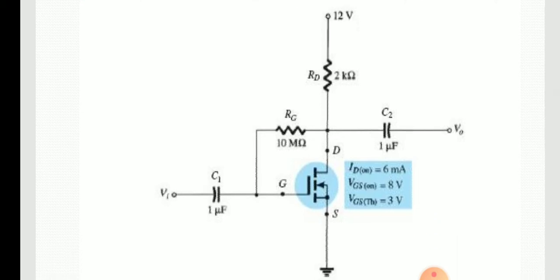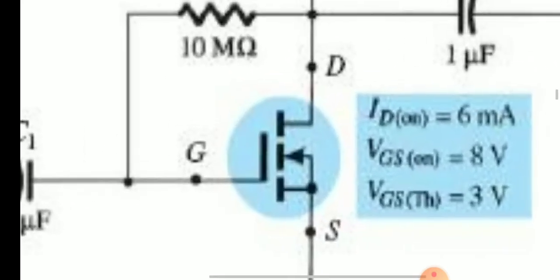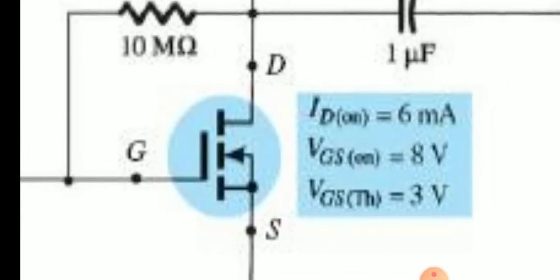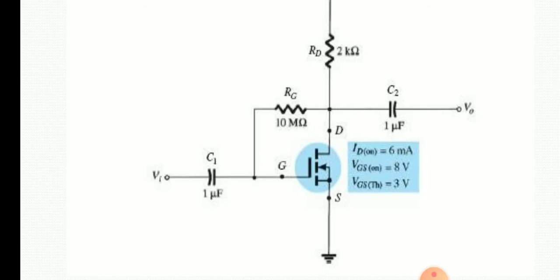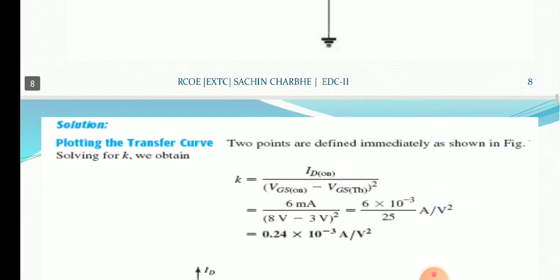The input and output side coupling capacitances are 1 microfarad both. Then the internal parameters are given: ID on is 6 milliampere, VGS on is 8 volt, and VGS threshold voltage is 3 volt. Enhancement type devices start conducting above 3 volt.